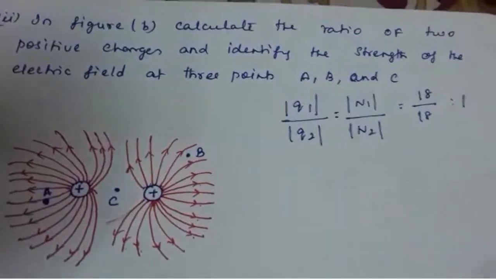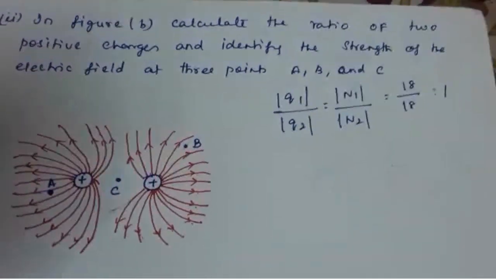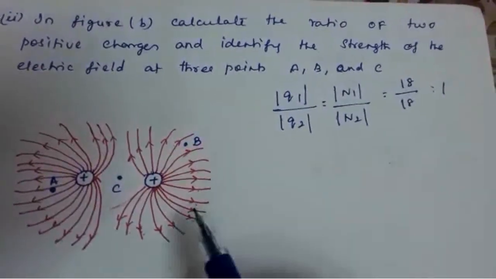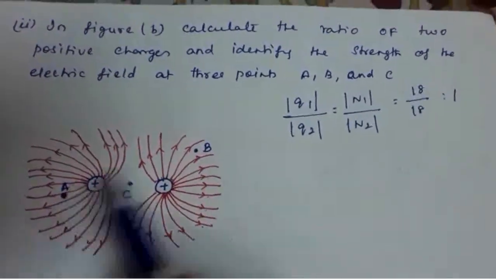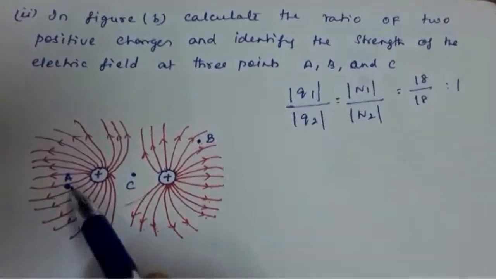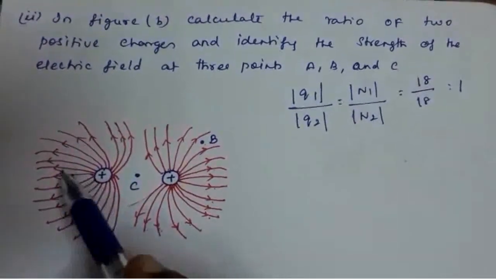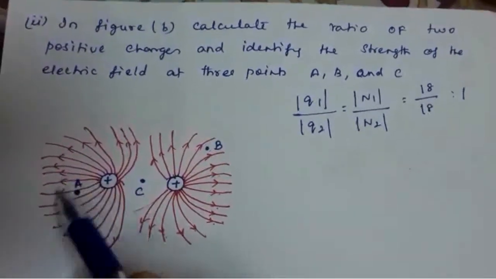Now, identify the strength of the electric field at 3 points A, B and C. Now, A is here, B is here and C is here. At A, the electric field lines are denser.